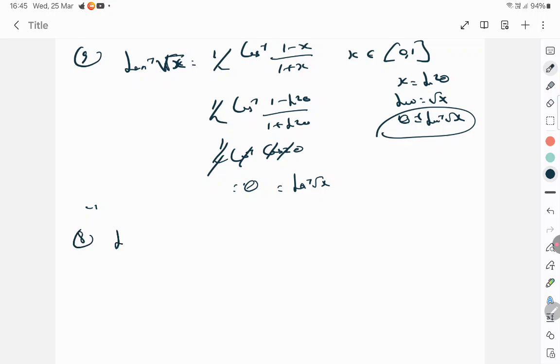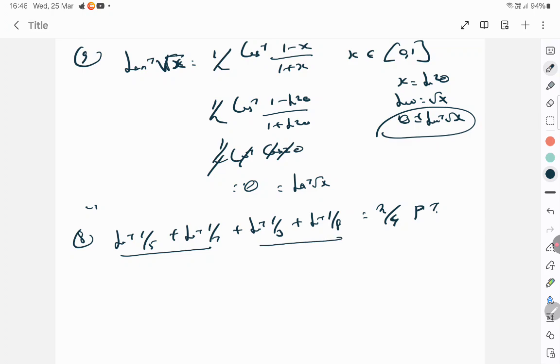The 8th question is tan inverse of 1 by 5 plus tan inverse of 1 by 7 plus tan inverse of 1 by 3 plus tan inverse of 1 by 8. You have to prove this to be equal to pi by 4. Club this as tan inverse of x plus tan inverse of y, which gives tan inverse of (x plus y) by (1 minus xy).